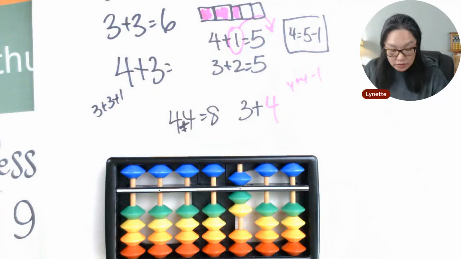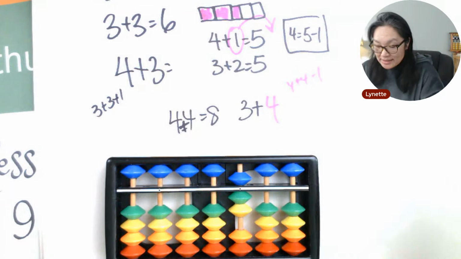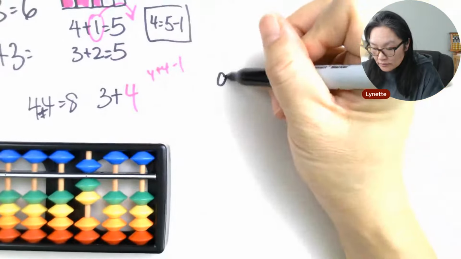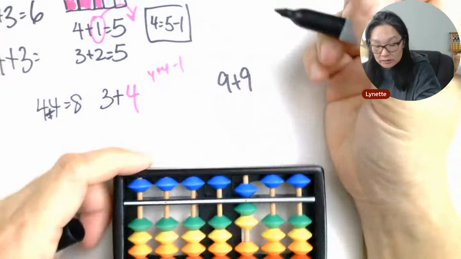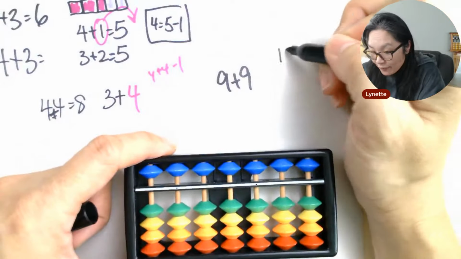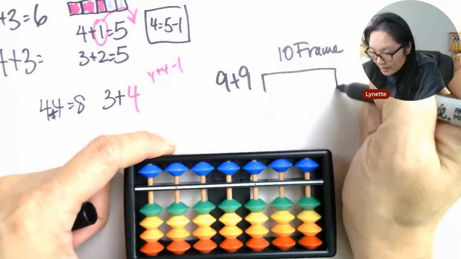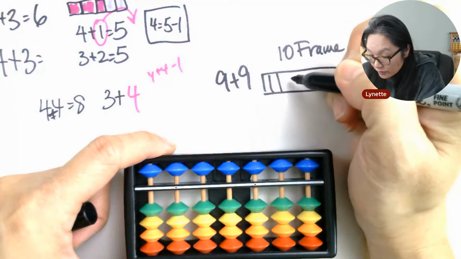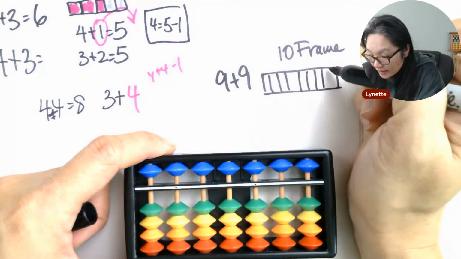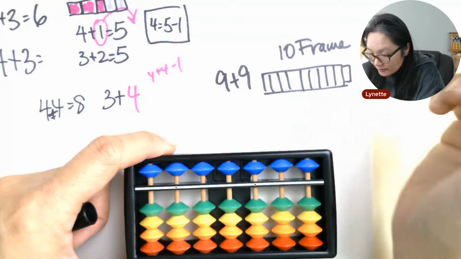So then let's go to 9 plus 9. Well, same thing, but now we're using the 10 frame. Oh my gosh, I have to count. 1, 2, 3, 4, 5, 6, 7, 8, 9. 1, 2, 3, 4, 5, 6, 7, 8, 9, 10.